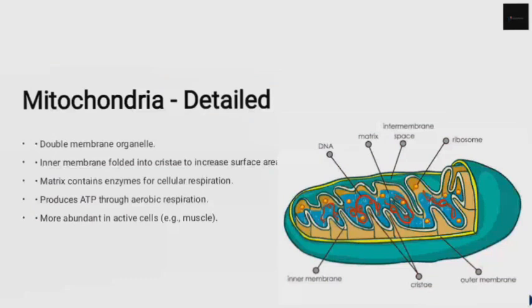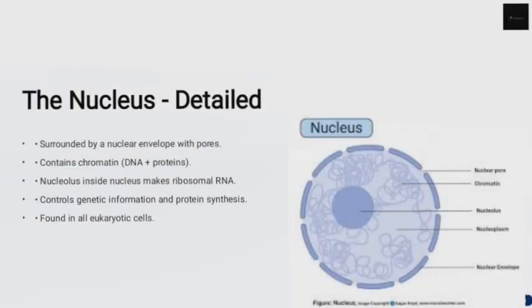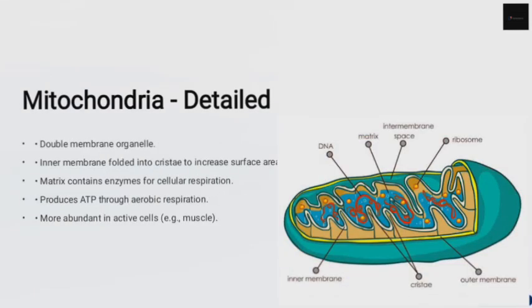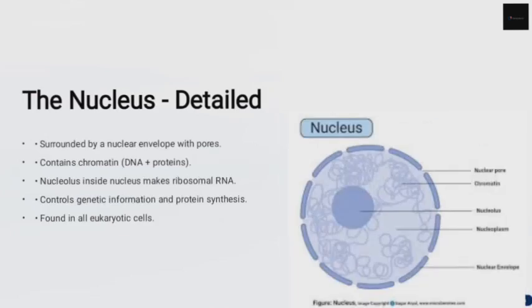Okay, yes. The nucleus, not DNA. The nucleus is found in only eukaryotic cells. There's a statement you made before this last one. It carries genetic information and controls all protein synthesis.